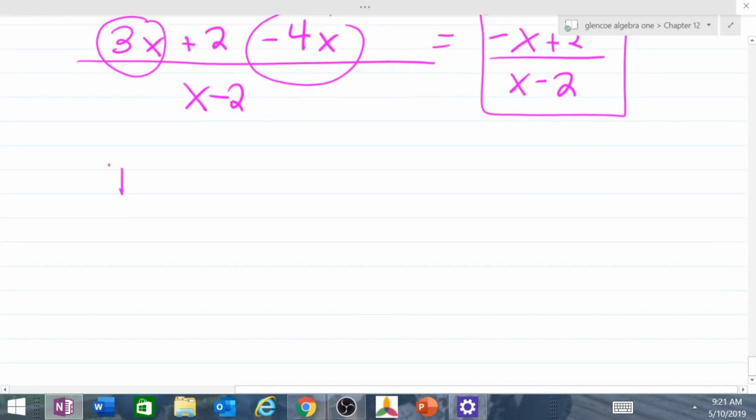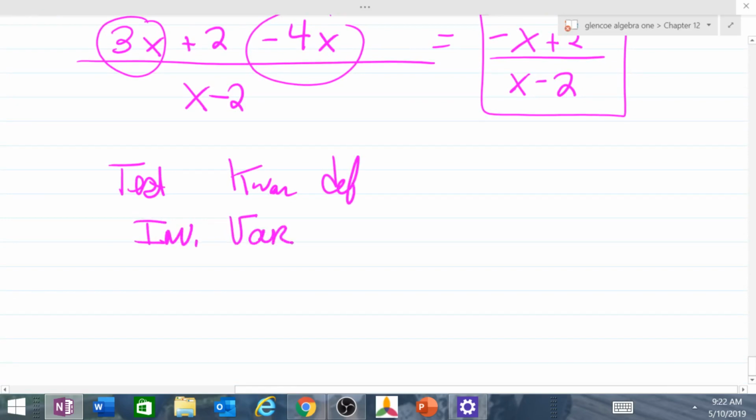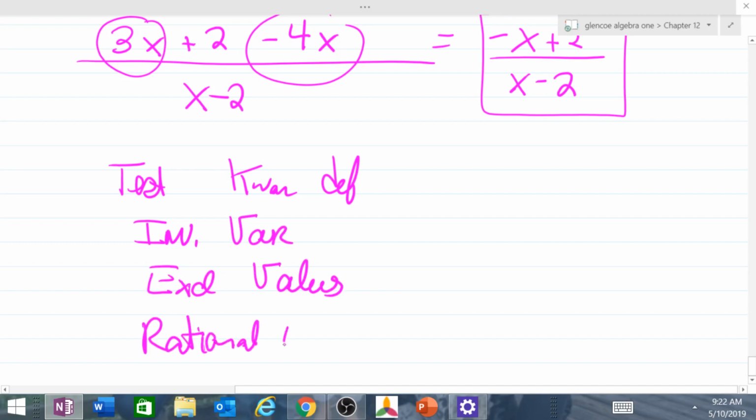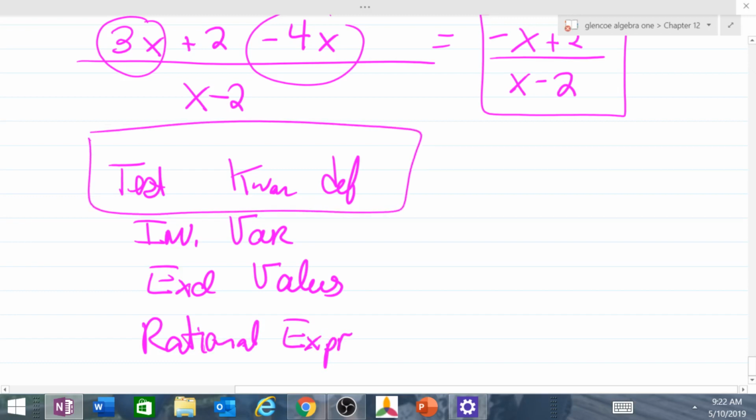Please remember that for the test, you need to know the definition. So make sure you know inverse variation, excluded values, rational expressions, and if Mrs. Rains or myself mention anything else, then please make sure you know them as well.